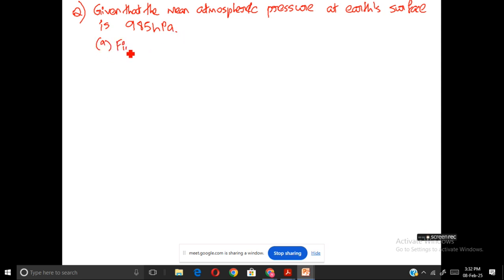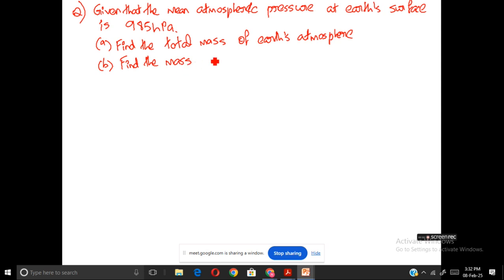A. Find the total mass of Earth's atmosphere. B. Find the mass above the 500 hectopascal pressure level.